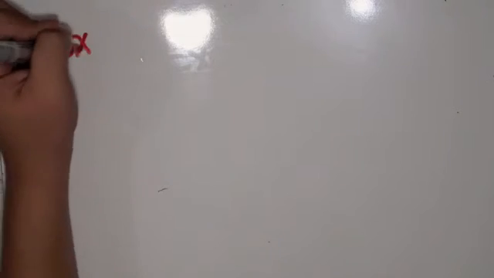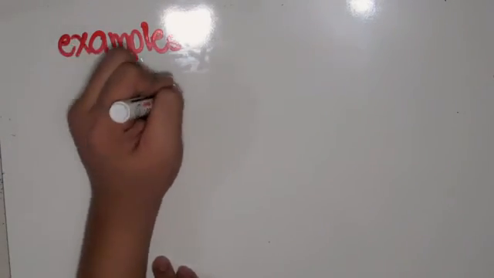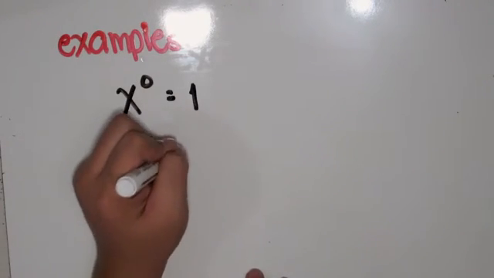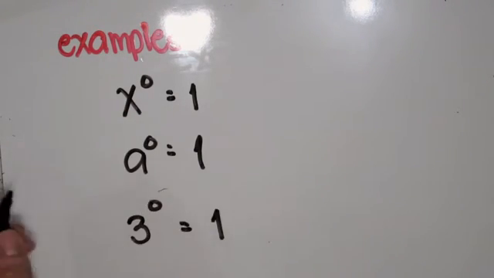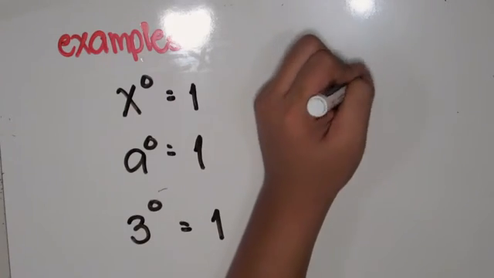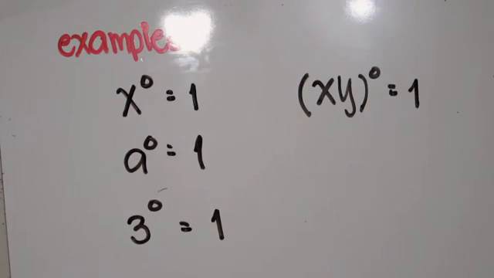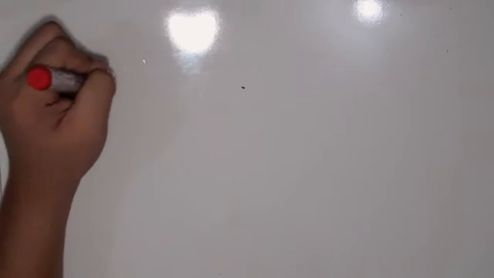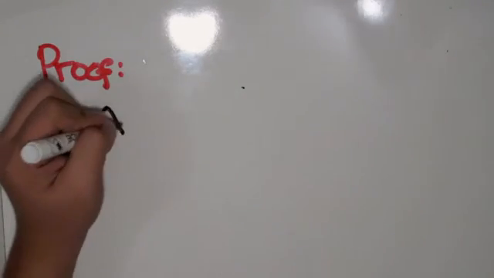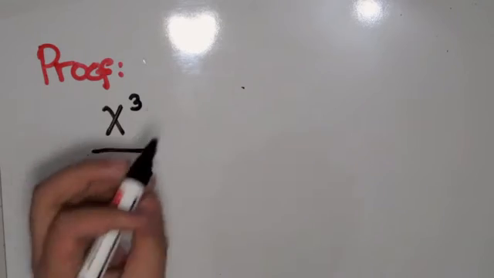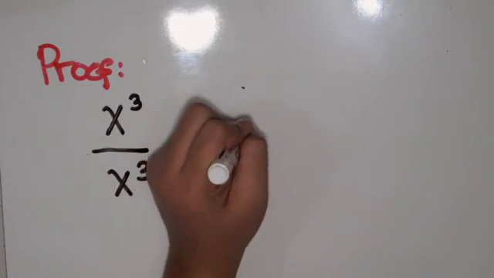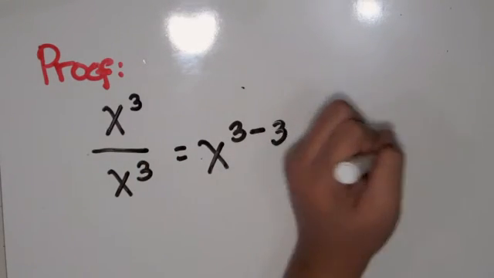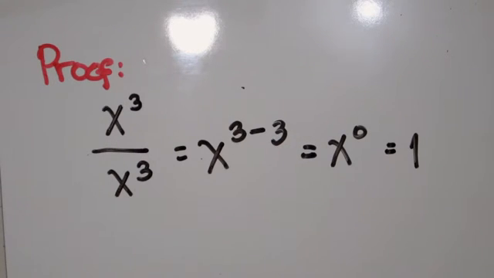Let's give examples. x raised to 0 equals 1, a raised to 0 equals 1, b raised to 0 equals 1, and (xy) raised to 0 equals 1. Now here's proof. x cubed over x cubed is equal to x raised to 3 minus 3 equals x raised to 0, which is also equal to 1.